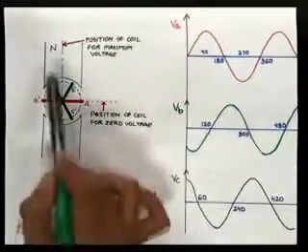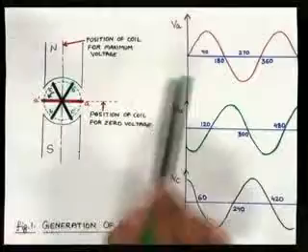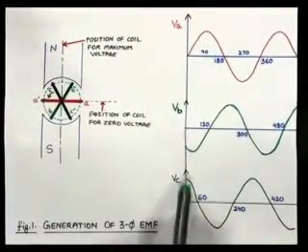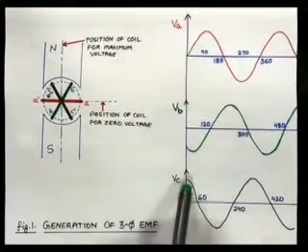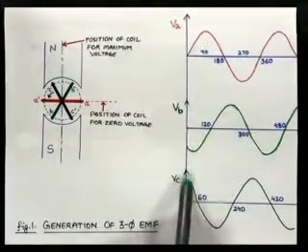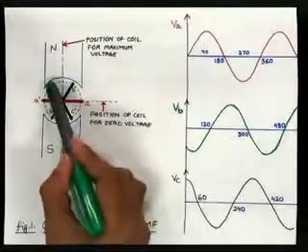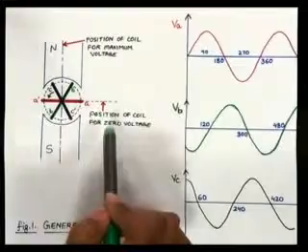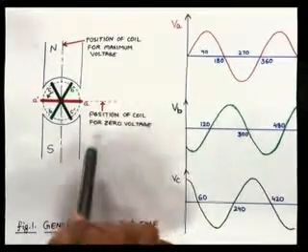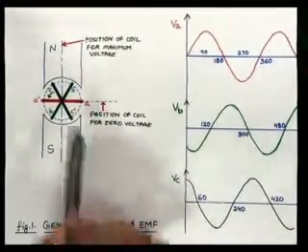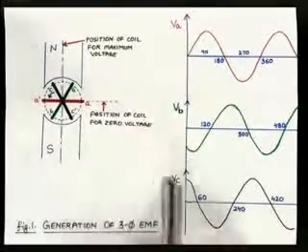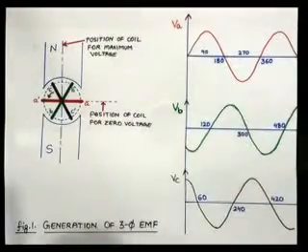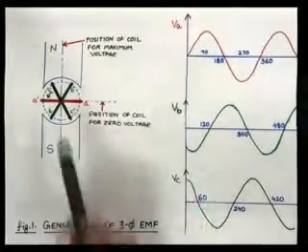But because it is under the influence of the north pole, which we have taken as an instant of positive polarity, some EMF will be induced in coil CC dash, which will start decreasing, because we are coming to this position, the horizontal position, meaning the position of zero voltage, where the rate of change of flux linkage is 0. So the voltage starts decreasing and it comes to 0. So how did we get the 60 degrees?